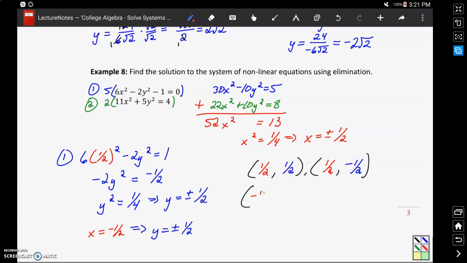And if x is negative 1/2, we have those same two pairs, positive 1/2 and negative 1/2. Meaning in this case we have four xy coordinate pairs which make these two equations simultaneously true.